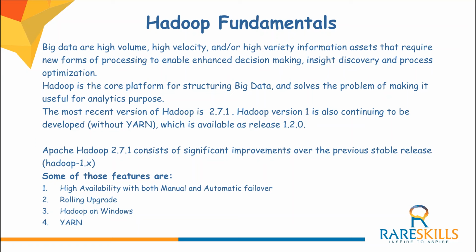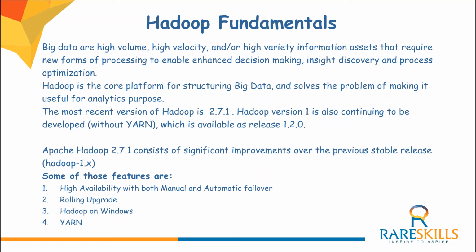Some of the features in the newer version, Hadoop 2.7.1, are high availability with manual and automatic failover, which means you can always have a highly available cluster with both the administration daemons of name node and resource manager. You can have a rolling upgrade, which means you can upgrade your entire Hadoop cluster without any downtime of the cluster.